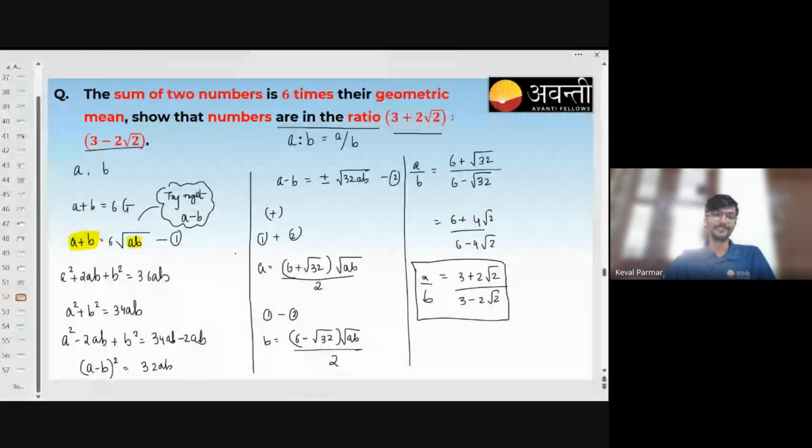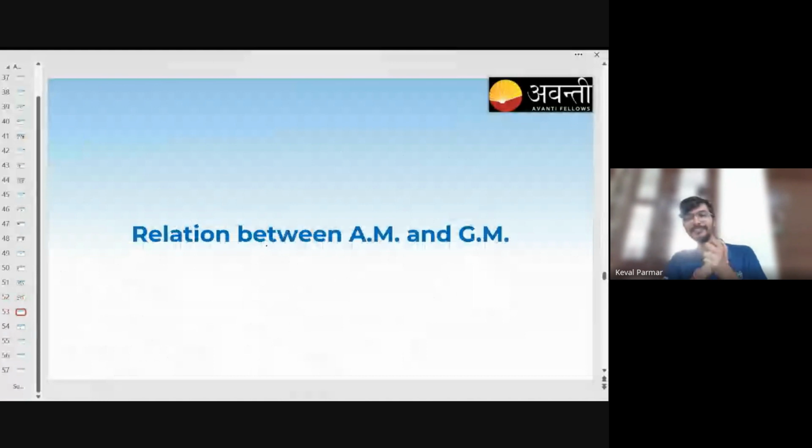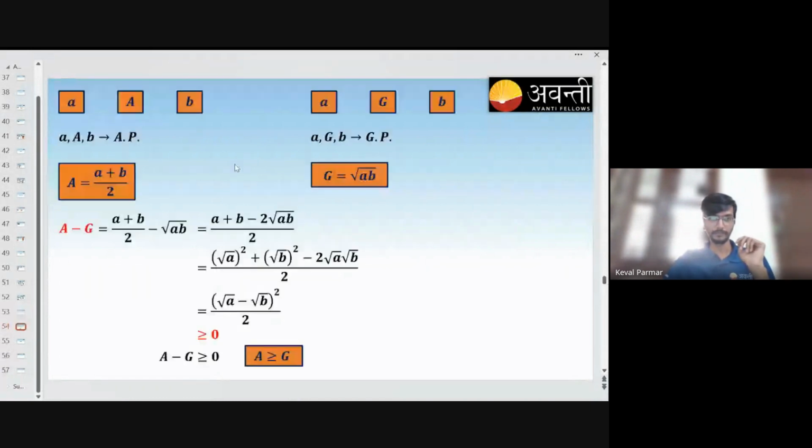Thank you. Chalo. Let's see now the relation between AM and GM. So the relation between AM and GM is very interesting because it is an inequality relation, correct? So why it is interesting, we will see. This is the derivation. Suppose let's say there are two numbers A and B, then this is the AM, this is the GM.